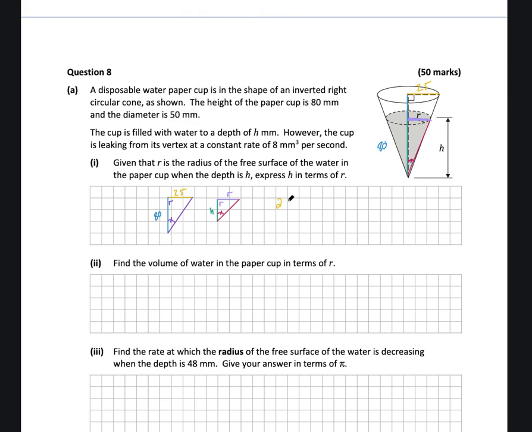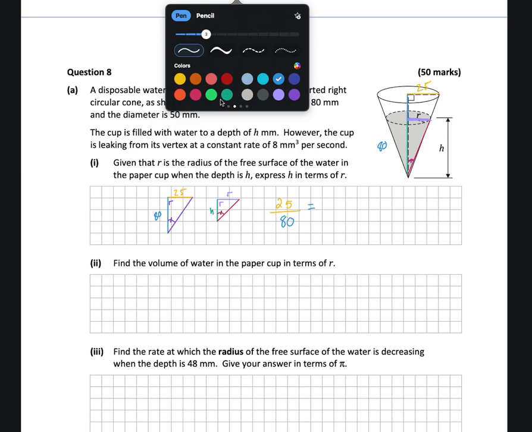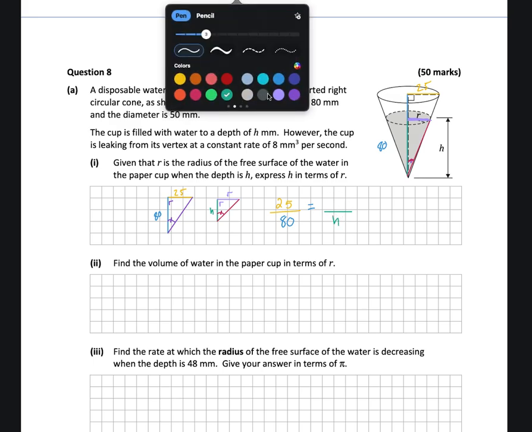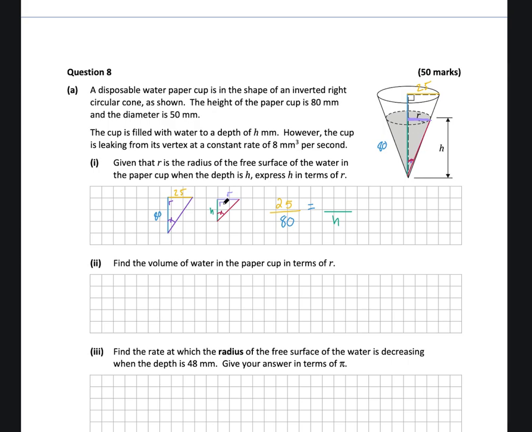So I'm going to say that 25 divided by 80, that ratio in the big triangle, is equal to, because they are similar, the ratio in the small one. So match up the sides. The height is on the bottom, and then your r, the radius, is on the top. Now I need to get h on its own, so I'm going to rearrange this.